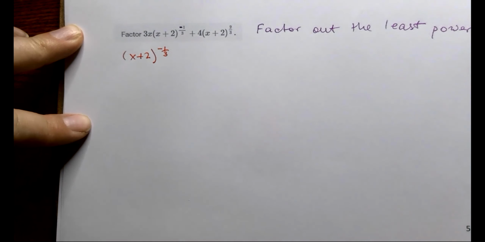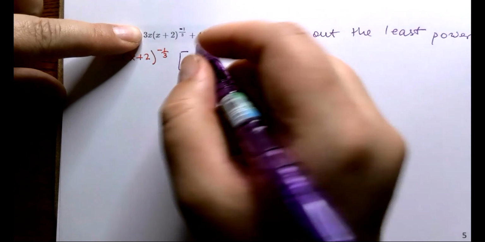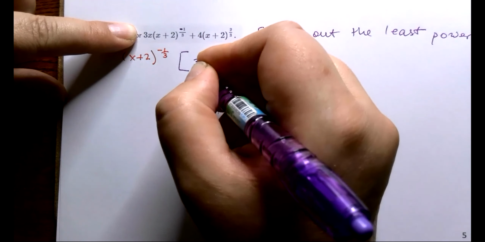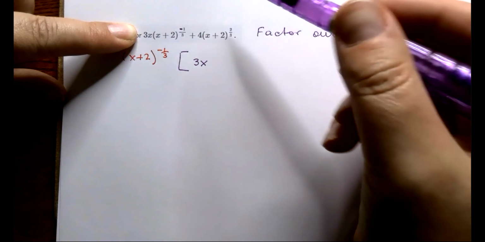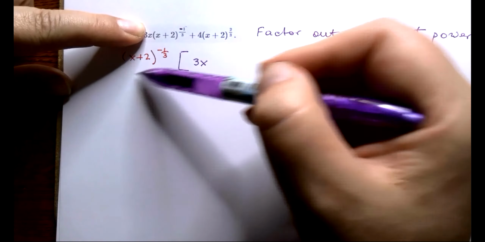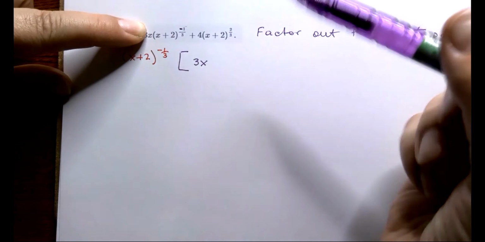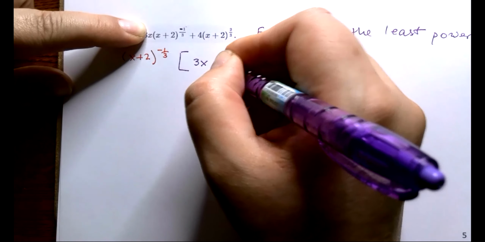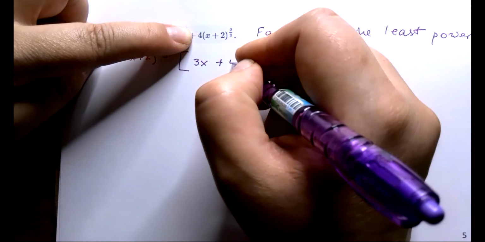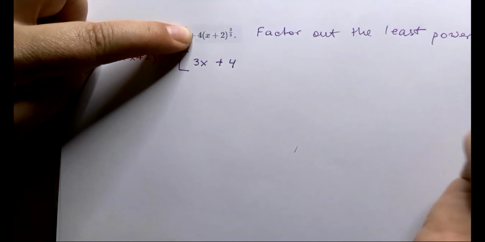Okay, so let's see, what do we have left? Well, first of all, we have 3x left, right? And now this term is exactly the same as here, so it's gone. We don't have it anymore. Now, what do we have here? 4, obviously.